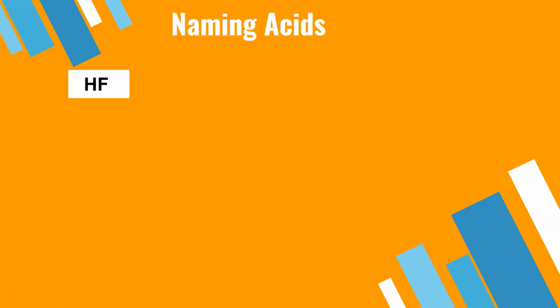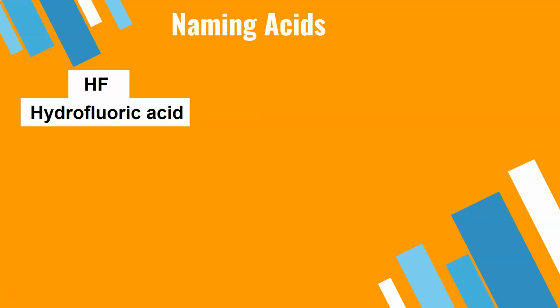What is the name of that acid? Well, it's binary, right? It's simple, so it's going to start with hydro. This is fluorine. I'm going to drop the ending and replace it with ic, and then I'm going to add the word acid. Hydrofluoric acid.